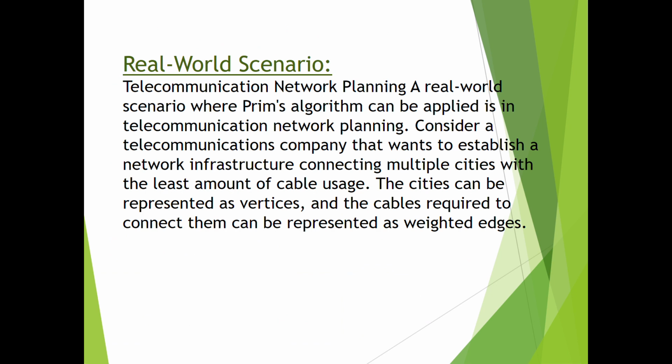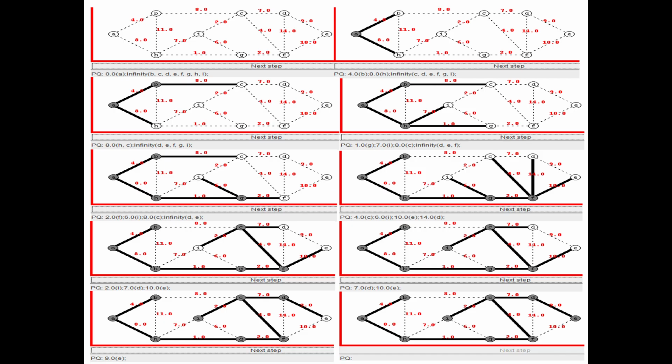Consider a telecommunication company that wants to establish a network infrastructure connecting multiple cities with the least amount of cable. The cities can be represented as vertices and the cable required to connect them can be represented as a weighted graph. This is an example where we can see Prim's algorithm working.